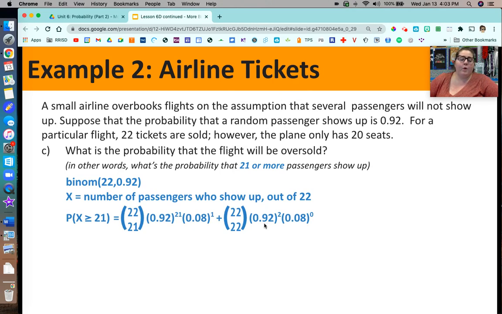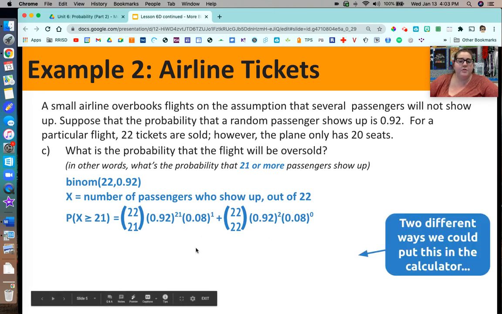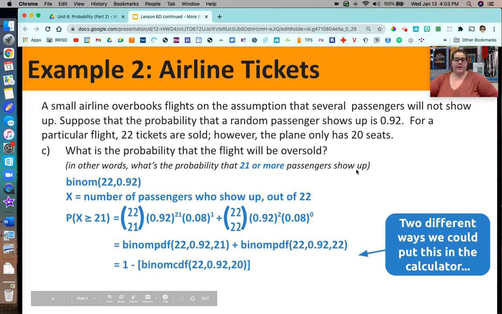So I could find binom PDF for X is 21, and then binom PDF for X is 22, and add those two numbers together. That would not be too tricky. That's one way I can do it, and it works in this case because that's only two probabilities and it wouldn't take me forever.